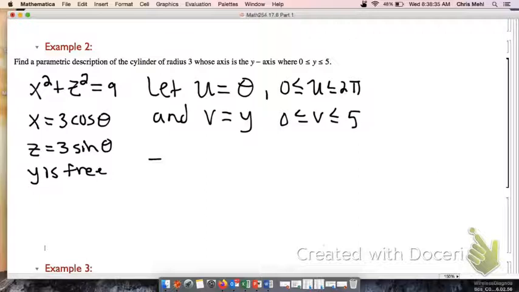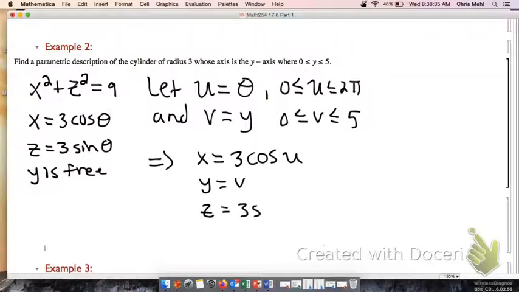So what you get then is the x function is going to be 3 cosine u, and let's do x, y, z. Y is going to equal v, and z is going to equal 3 sine u.